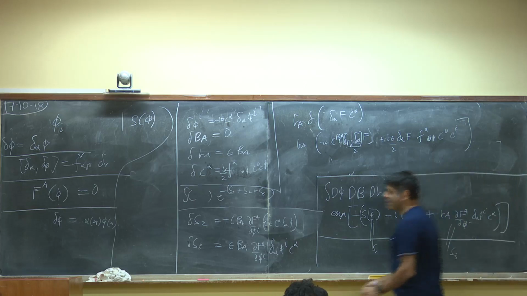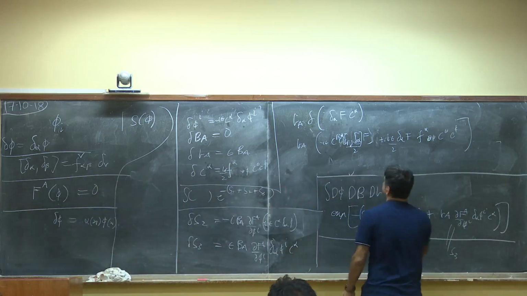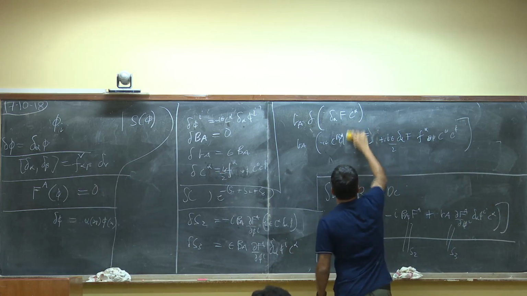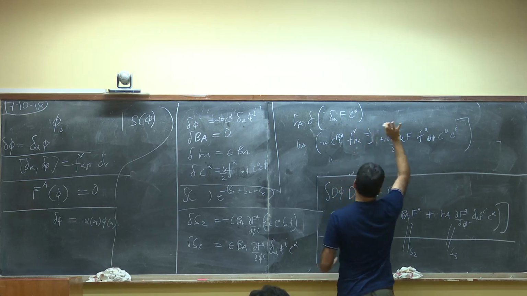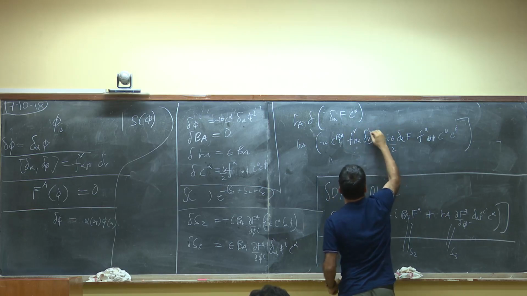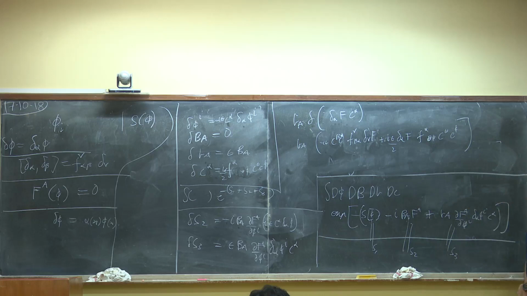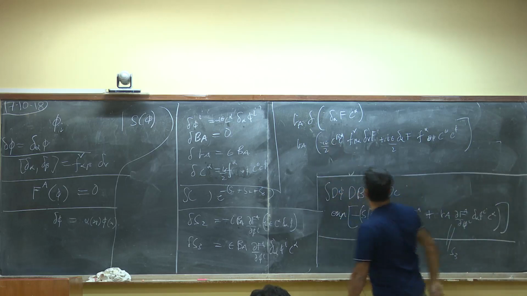Okay, and then that gives us f gamma beta alpha commutator times delta gamma of F, and there was a by 2.